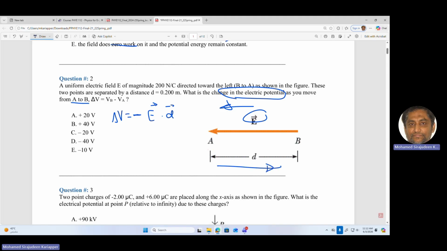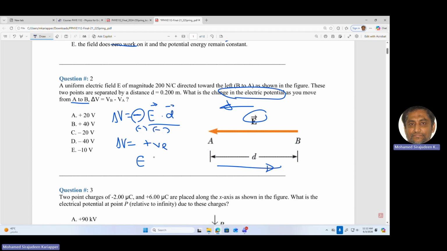So E dot D will also be negative. The cosine of theta, with theta equal to 180, is what makes it negative. So this is negative, and this is another negative in front of it that will make the delta V positive.